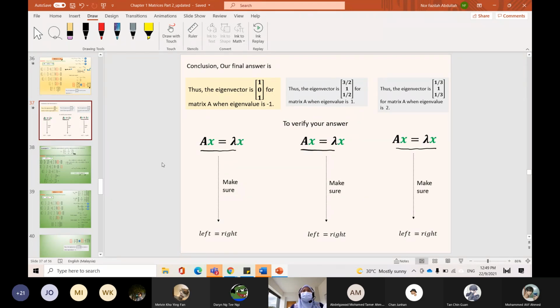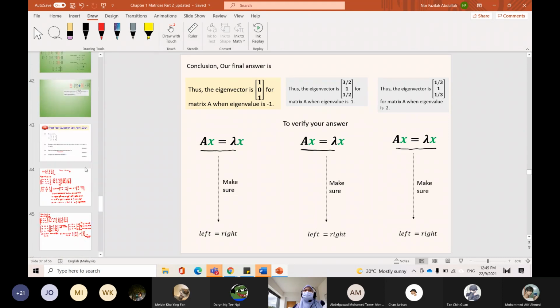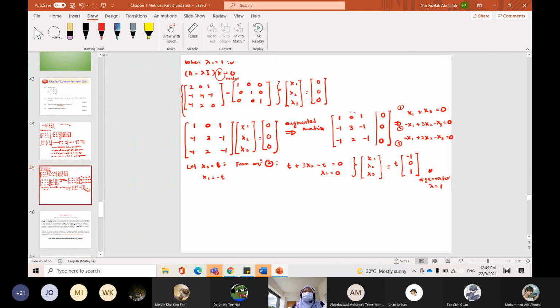So when your lambda 1 equal to 1, your eigenvector is equal to minus 1, 0, 1.